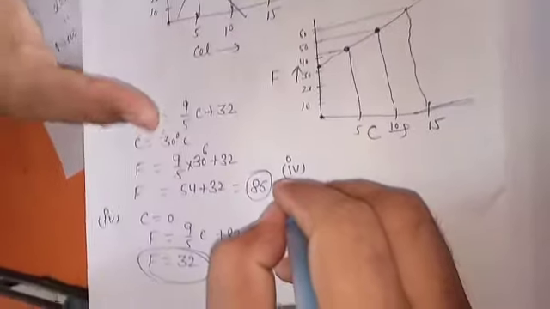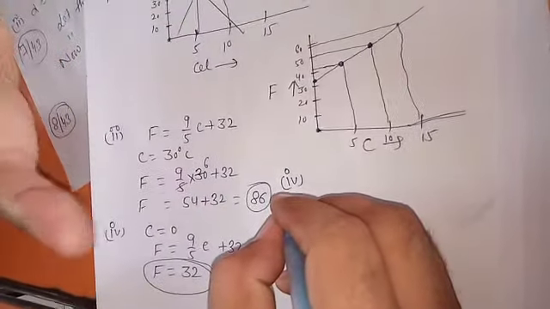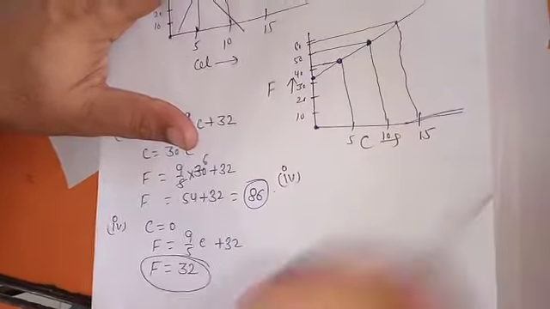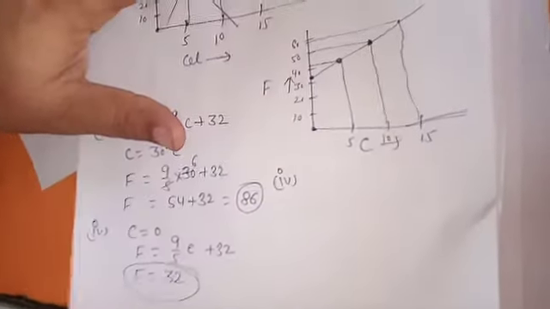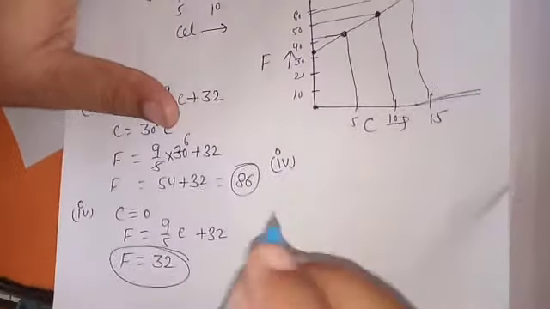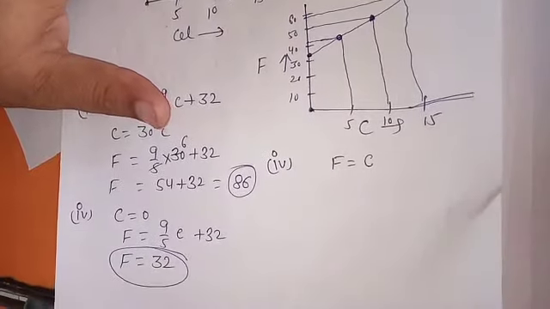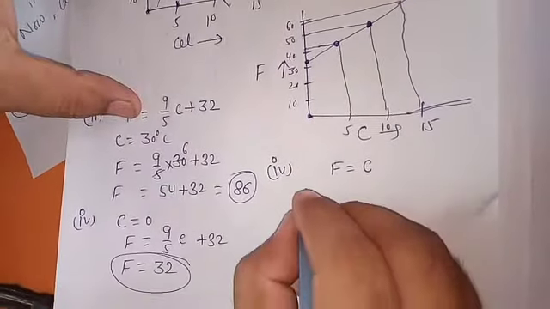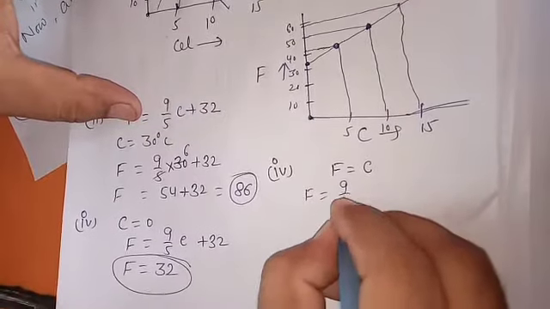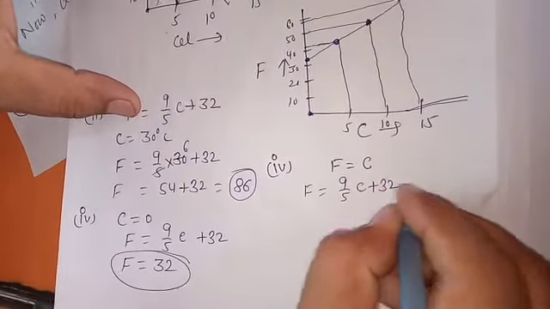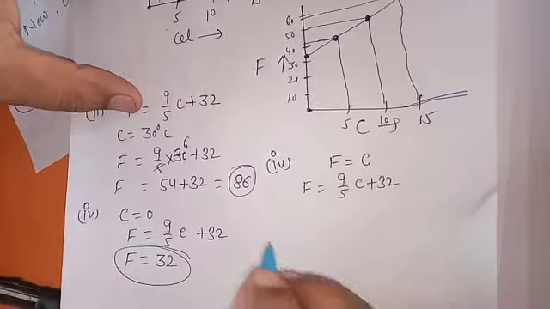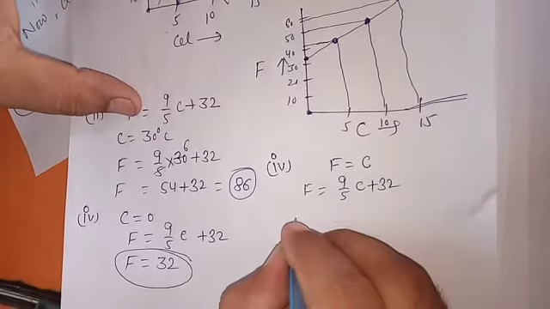Is there any temperature which is numerically the same in both Fahrenheit and Celsius? We are saying these both are equal, it means F equal to C. Understood? So here F equal to 9 by 5 C plus 32 and both become equal. So in place of F we can write what?